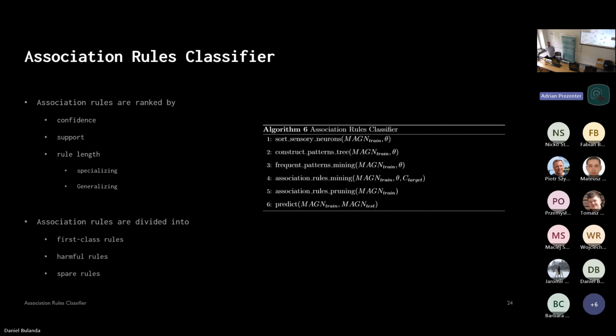But once you know that you need to extract only the most generic features from the pattern, then you can go to the generalizing part. But in 99% of cases, I would just use the specializing rule because statistically it performs better. Yeah, that's how it goes.